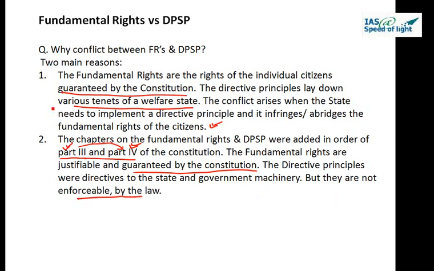So if there is any violation of fundamental rights on the ground that the state is implementing directive principles, when it comes in front of the court, this dilemma arises for the court too, because fundamental rights no one can abridge, while the directive principles are directives to the state that the state has to implement for the welfare state.